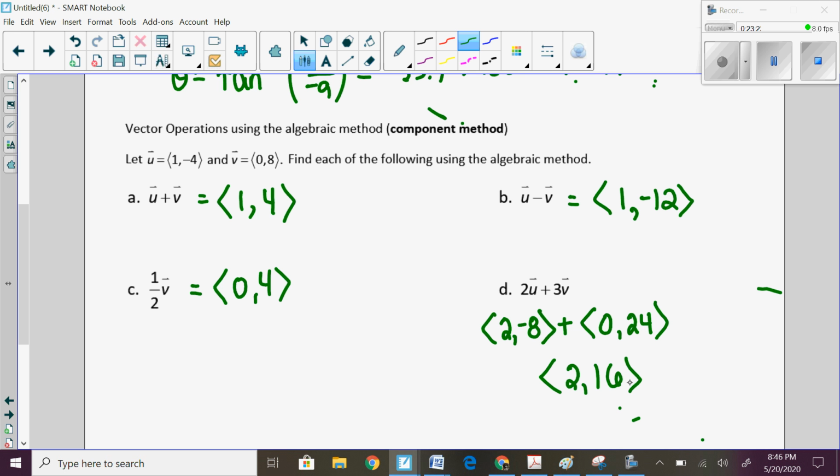Notice we used our order of operations there, so vectors work similar to anything else. We have to follow the right order of operations. Okay?